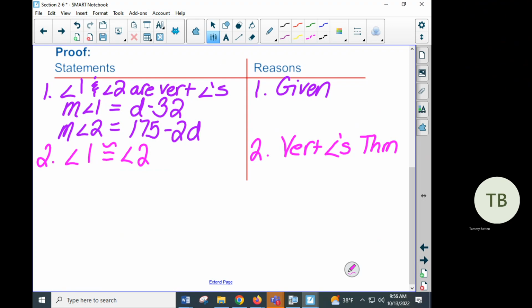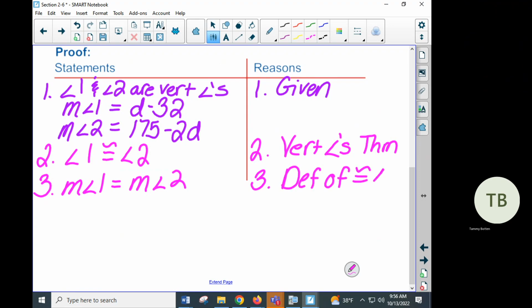But to do that, I need to get rid of this squiggly and add the little m's. So I'm going to say the measure of angle 1 equals the measure of angle 2. So I took the squiggly off and I added the little m's, and that is what? Very good. Definition of congruent angles.